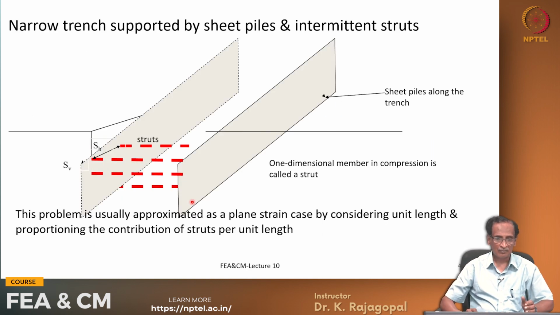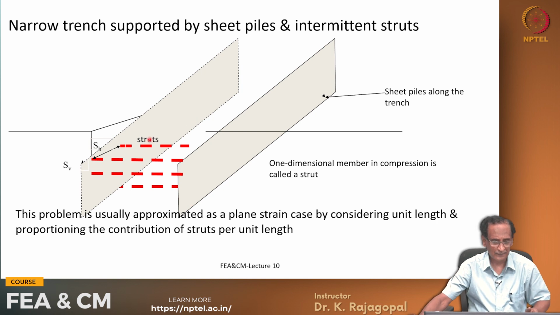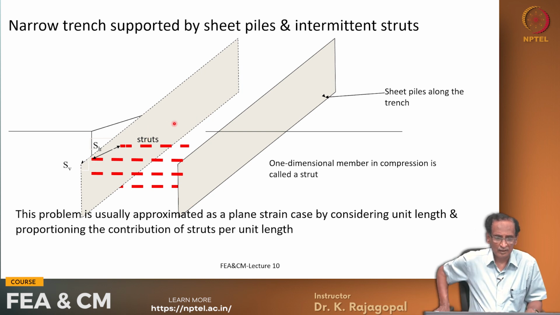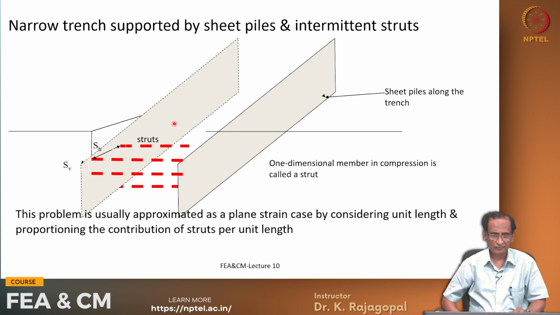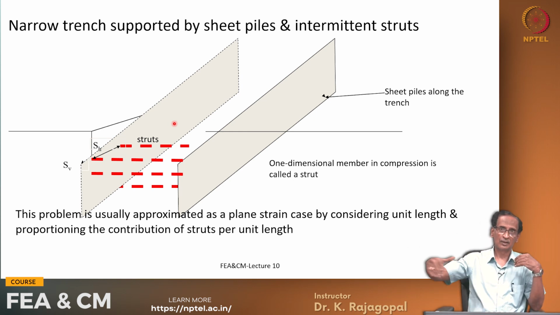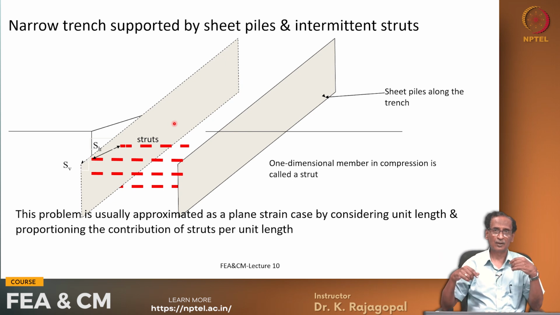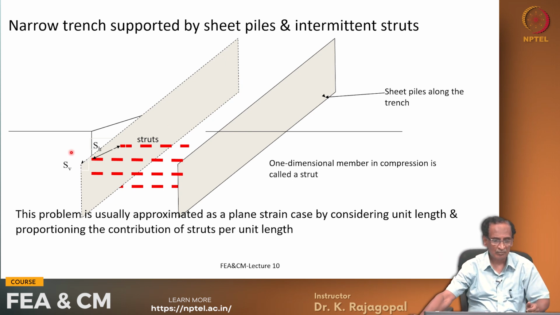Okay. And in the previous class we had seen this example of a plane strain case, where we have a deep excavation supported by continuous sheet pile walls or diaphragm walls, and then in between we have the struts, which are compression members, which are placed at some vertical spacing and horizontal spacing.